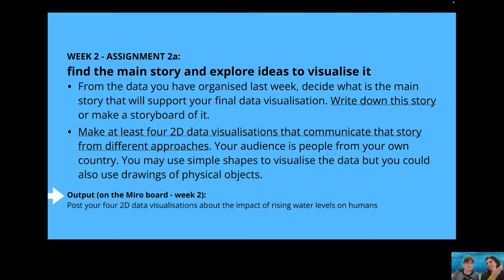The different angles can be told to different sort of people, or put the accent on specific elements of the story. In these first experiments, try to experiment also with the shapes, the forms you use, the elements, and so forth. And put them in the Miro board.